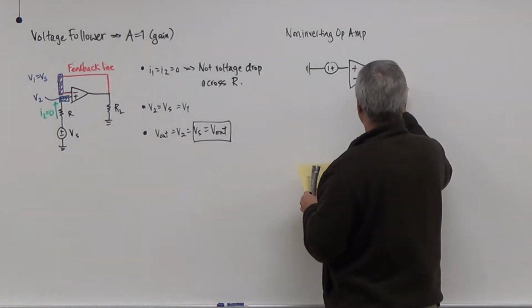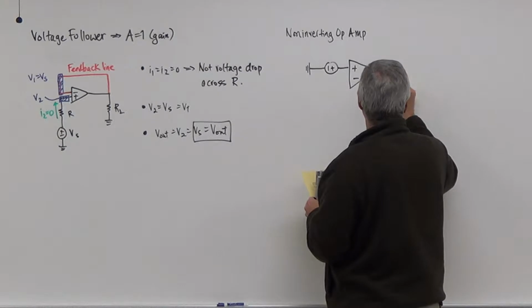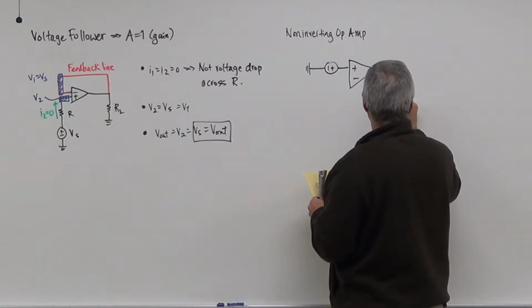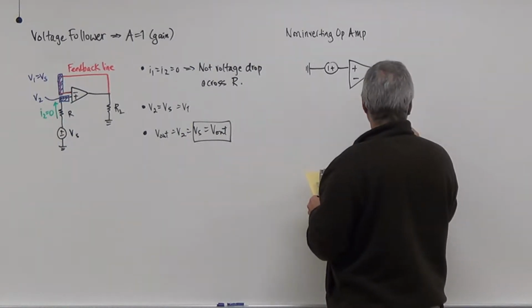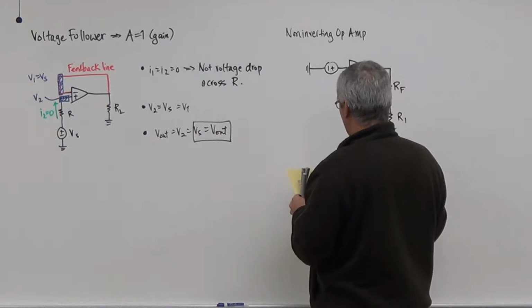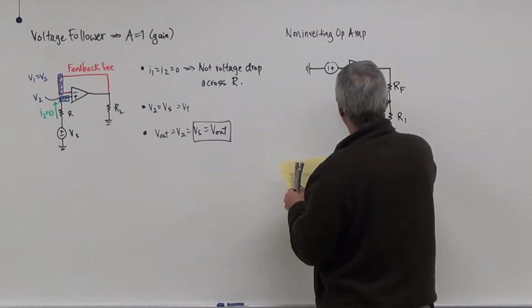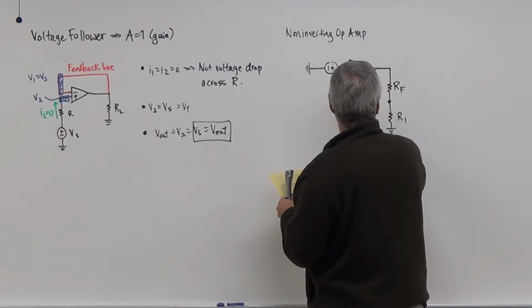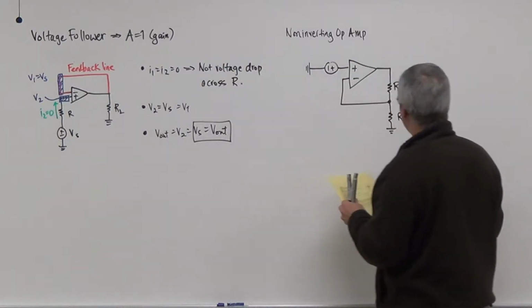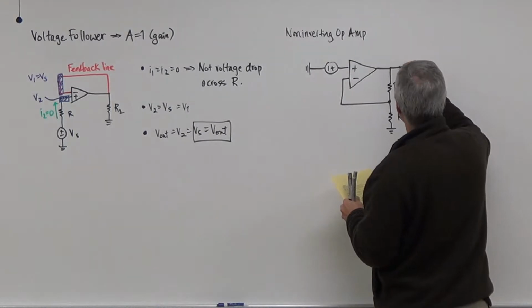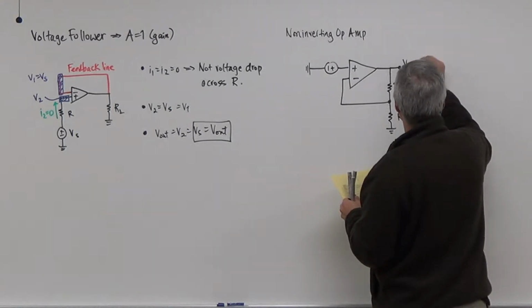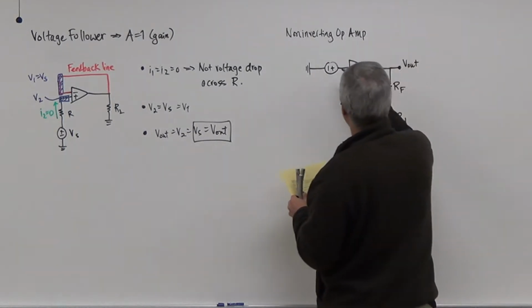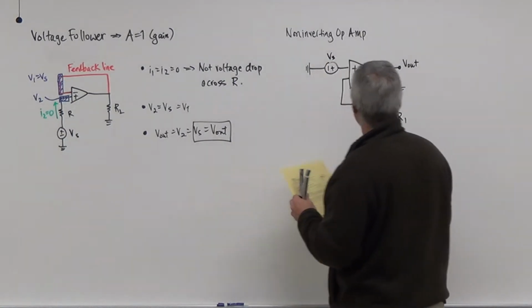And then I have a feedback resistor, which I call R. And I'm going to call this resistor R1, which will be attached to the ground. If I have a feedback line, then I have to go from the negative down to this node right there. And this node right here I'll call V out. And let's say that this is just some V source.